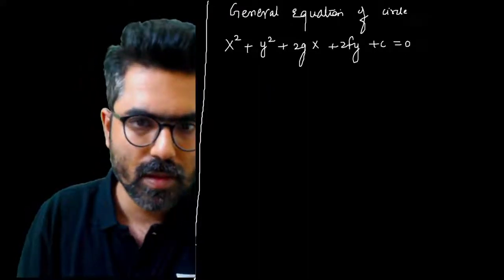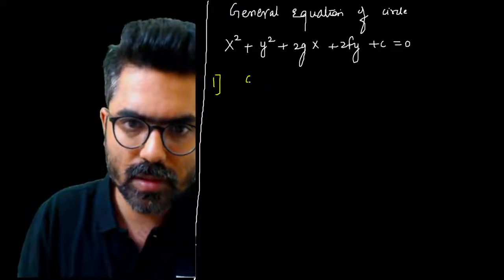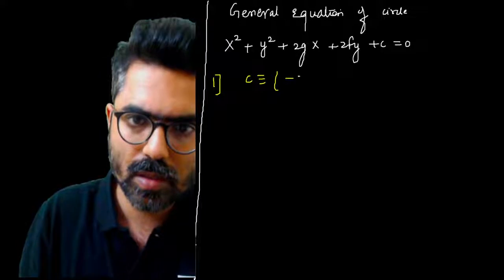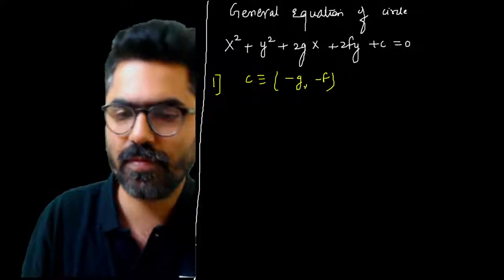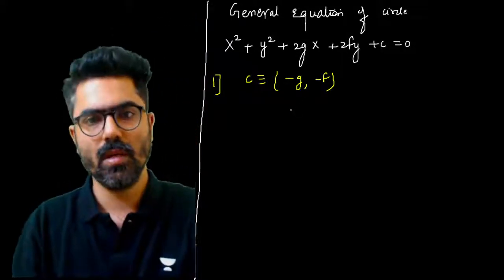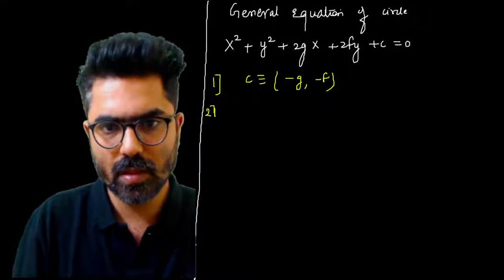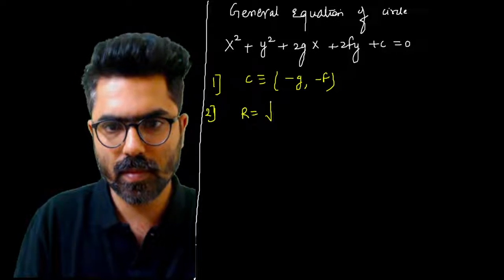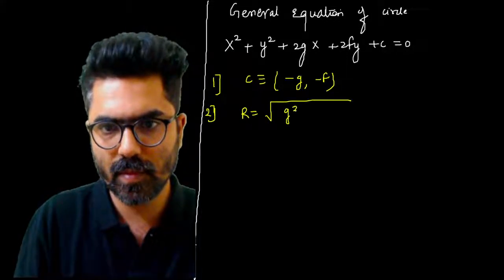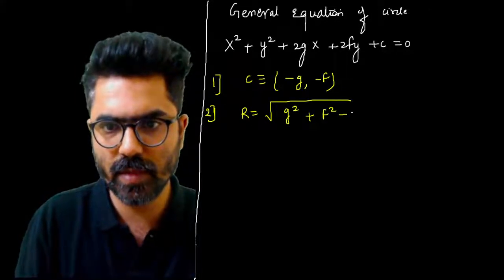Now what are the key points to remember in this? The center of this circle will be minus g comma minus f, and the radius of the circle will be the root of g square plus f square minus c.